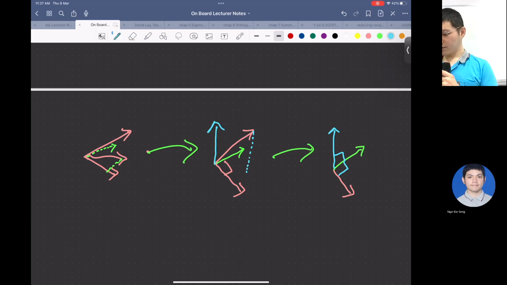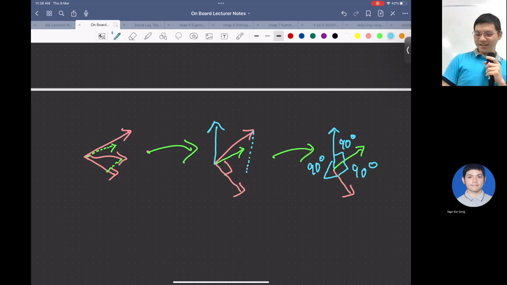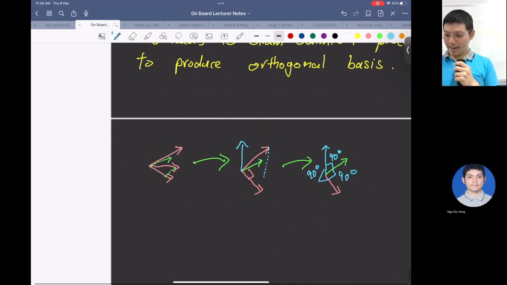Anyway, I put 90° here. So you make your 3 non-orthogonal vectors into orthogonal vectors. This is the Gram-Schmidt process.